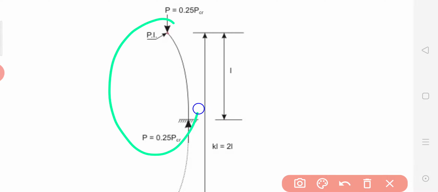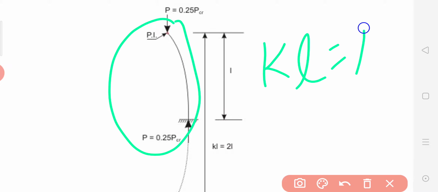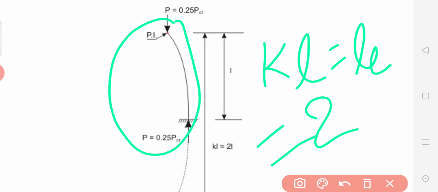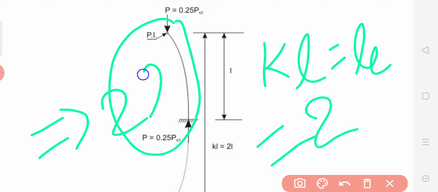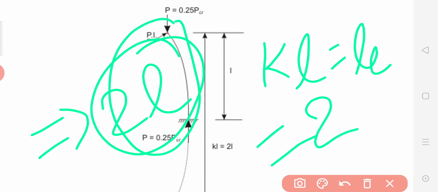So here, in this condition, we take the value KL or L effective equal to 2L. This is the effective length for the condition when one end is fixed and the other end is free.